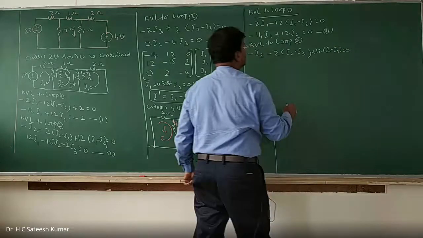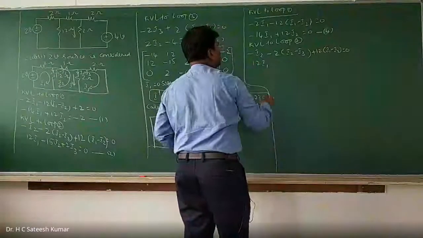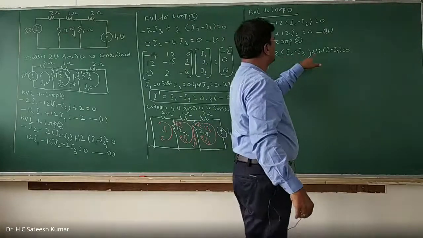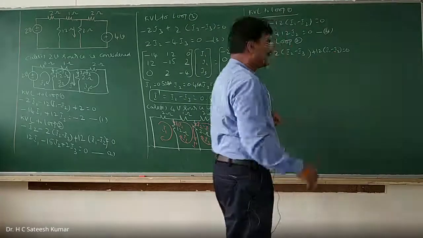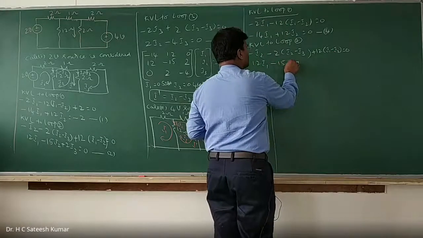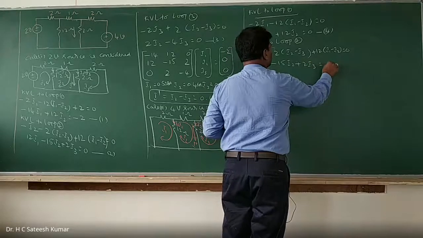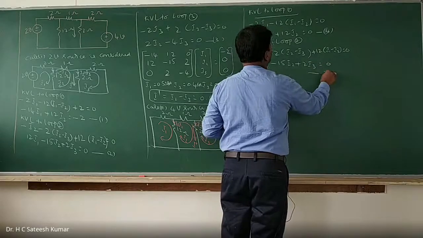So 12 I1, minus I2, minus 2, minus 3 I2, minus 12 I2, minus 15 I2, plus 2 I3 is equal to 0. Call this equation number 5.